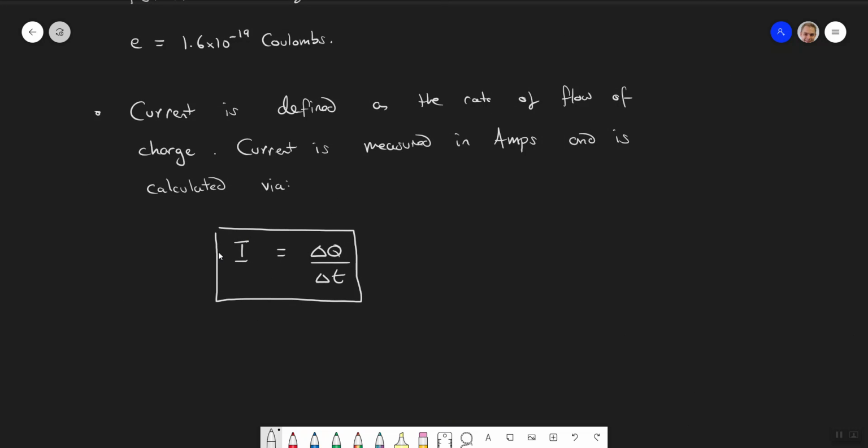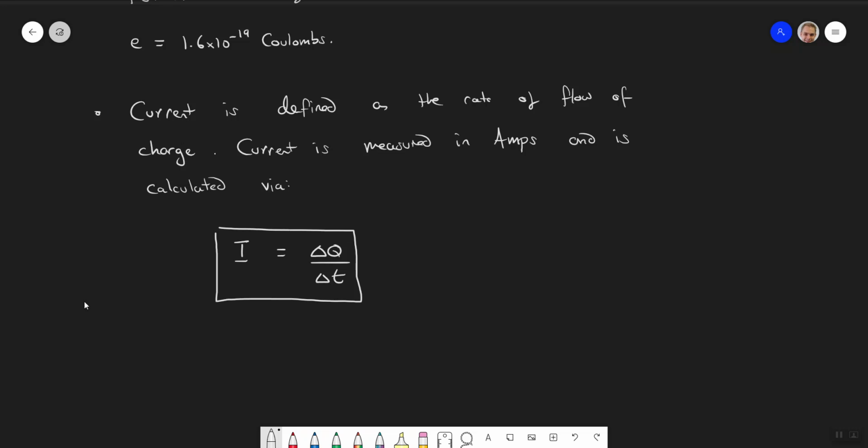But often current fluctuates up and down. When you turn on most appliances, there is a current spike, so things are constantly changing. When it's not steady, we use delta Q over delta T.